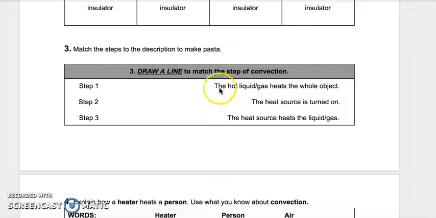Is step number 1 the hot liquid or gas heats the whole object? What step is that? The heat source is turned on. Which step is that? The heat source heats the liquid or gas. What step is that? Draw a line. Press pause, press play when you're ready to go on.